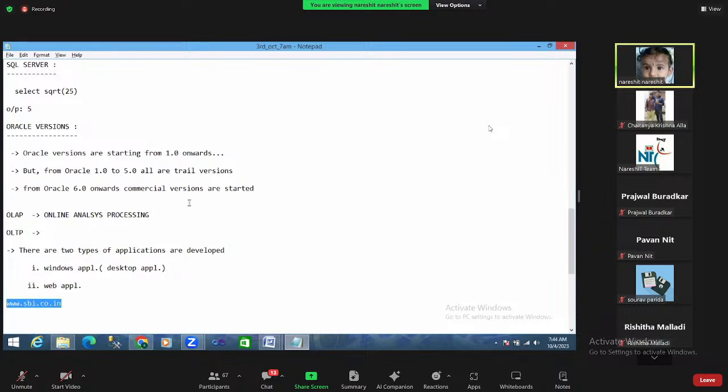This is one of the web applications. The application address is this one. Through a browser only we can access. Your application is developed using a browser, and I am using Oracle as the backend.